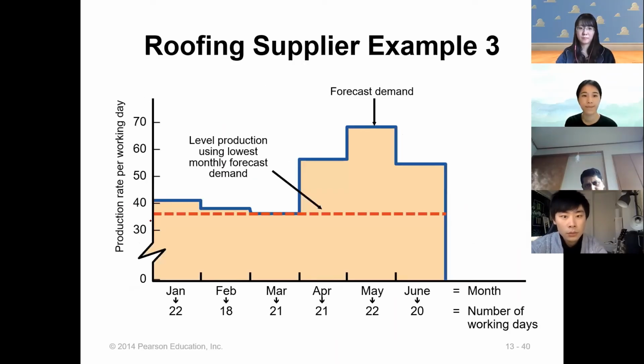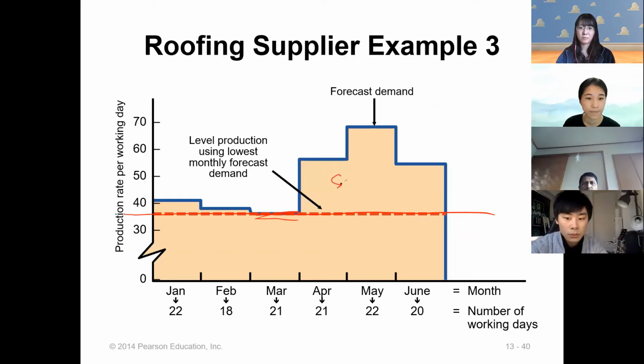So subcontracting means you only produce this. I mean, this is just an example. You can increase it if you want. You can say, I'm going to increase this to higher. But this is based on your lowest demand, which is actually 38. So subcontracting is based on the lowest demand, and the rest, you won't be able to fulfill.